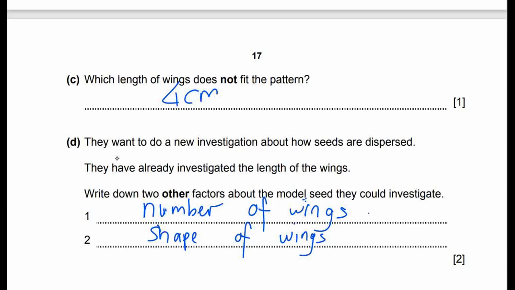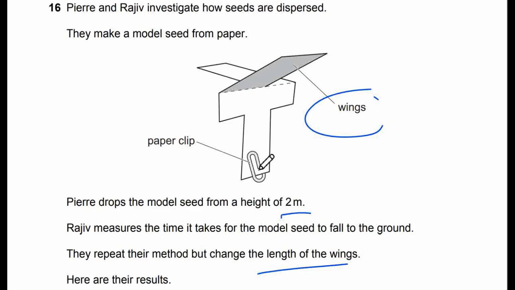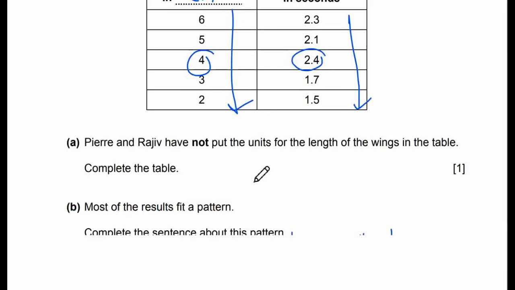This answer may vary. You can answer another possible answer, that is the height of drop or the number of paper clips that represent the mass of the seed. So shape of the wing, number of wings, number of paper clips.